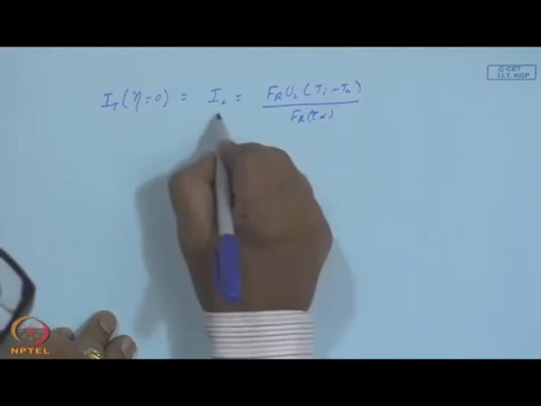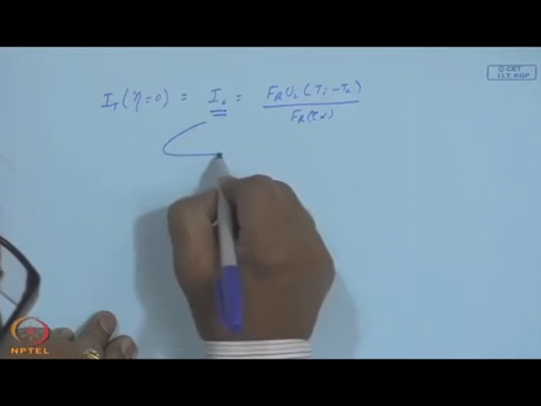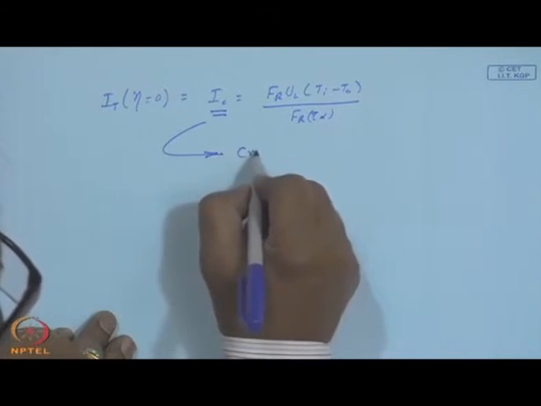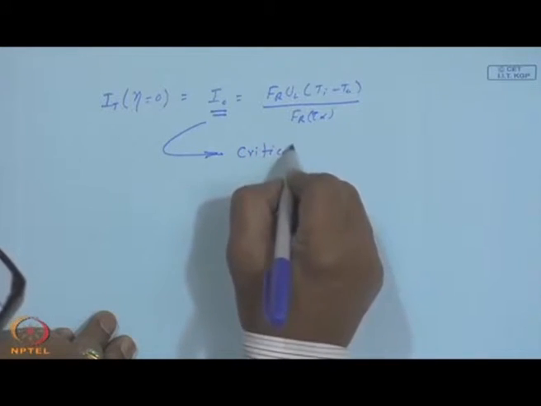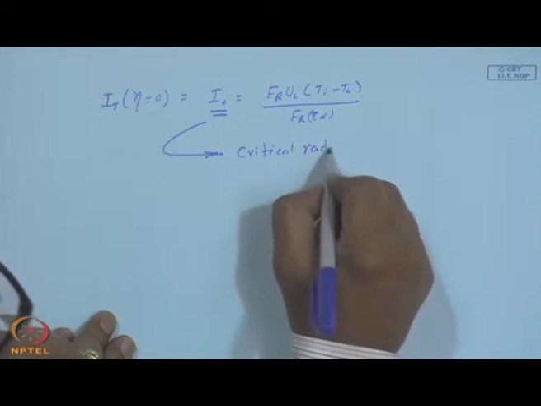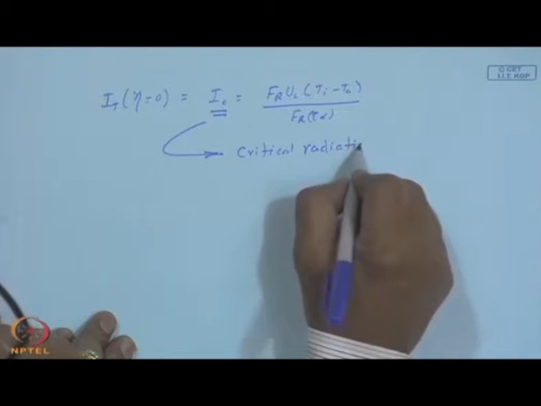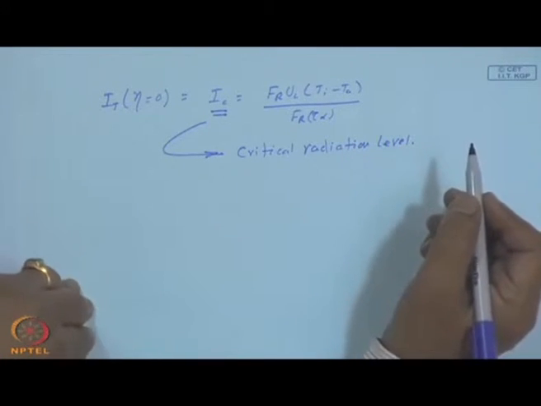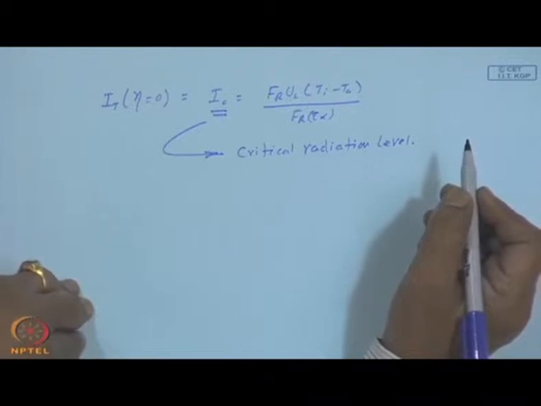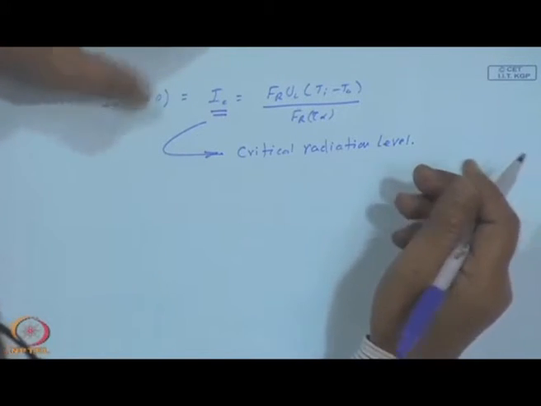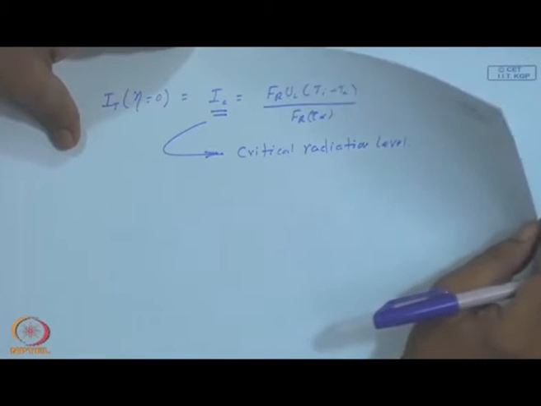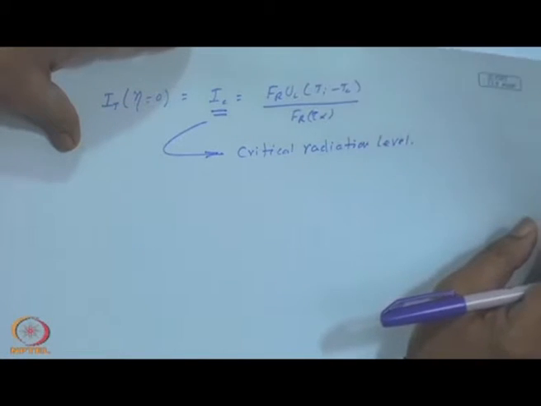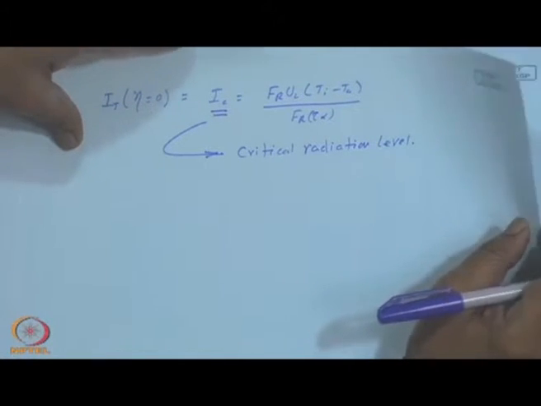So, this is what we call the critical radiation level. It implies that the incoming radiation onto the collector should be above this number I_C in order that there is heating of the fluid entering the collector.